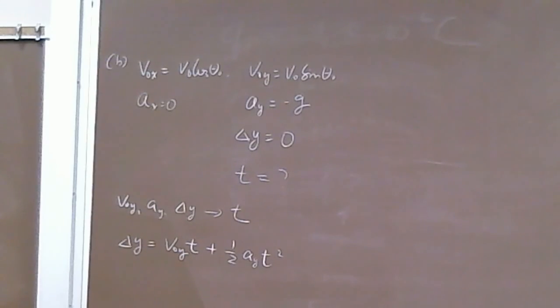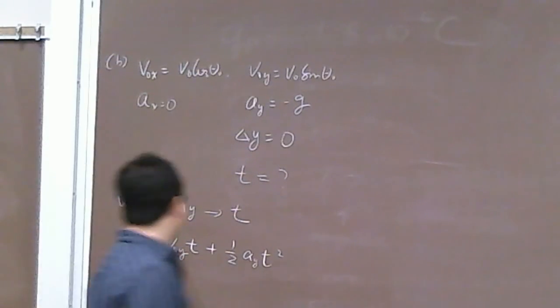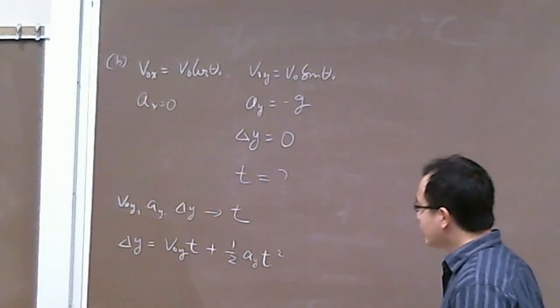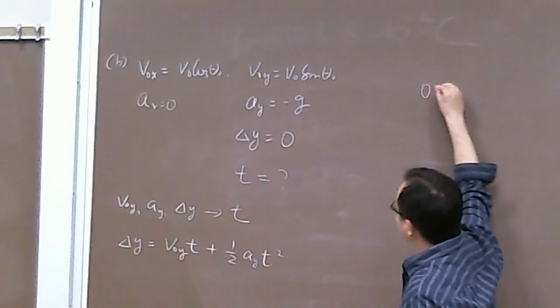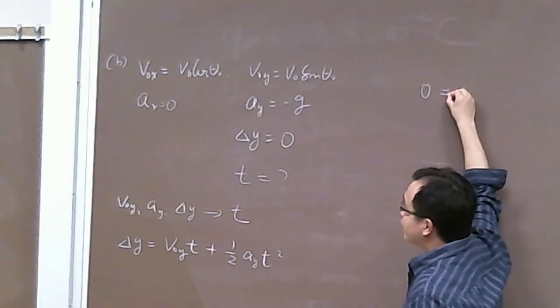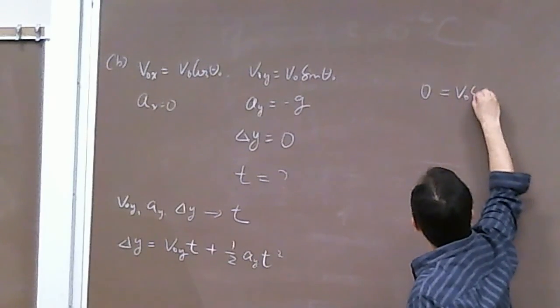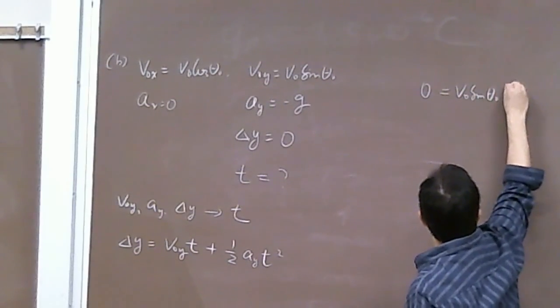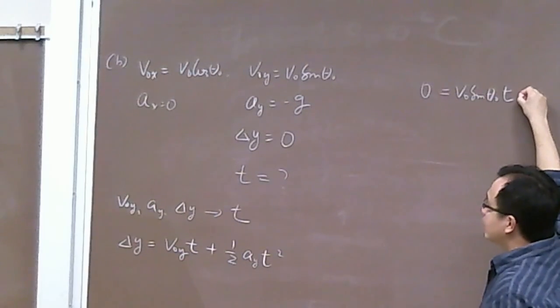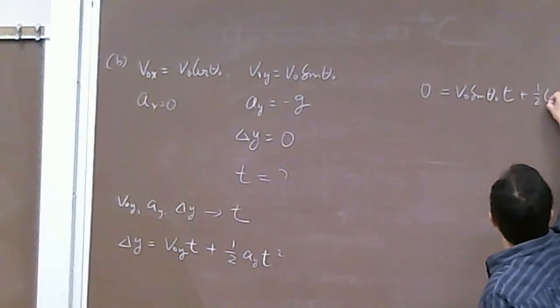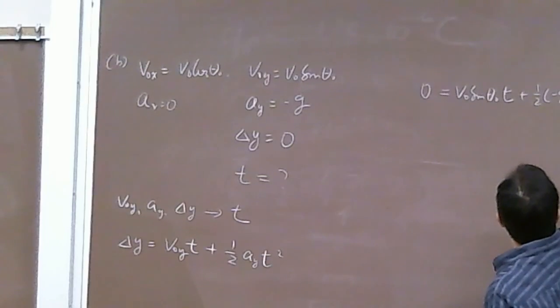This is another math equation. So you put them in, you get 0 equals V naught y, which is V naught sine theta naught, multiplied by t, plus 1 half multiplied by negative g t squared.